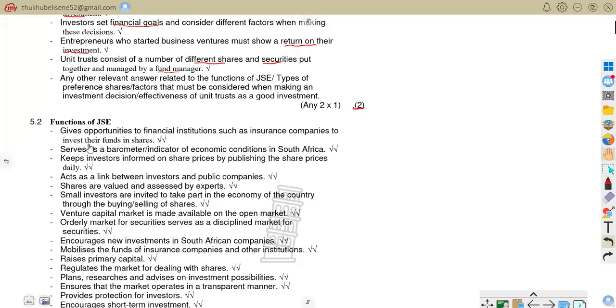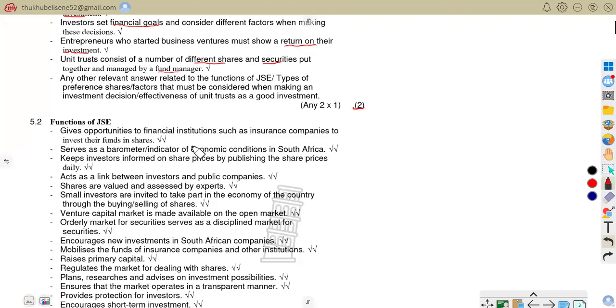The first function on our memo is that it gives opportunities to financial institutions such as insurance companies to invest their funds in shares. Financial institutions can include insurance companies, banks, companies and investment firms.